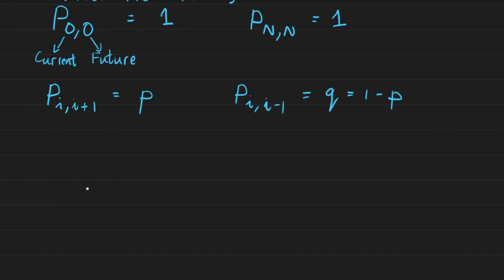So we can write out our different states. We have state 0, and then we have state 1, we have state 2, and just a reminder that these states are the amount of money that the gambler has. And then this goes all the way to state n minus 1.